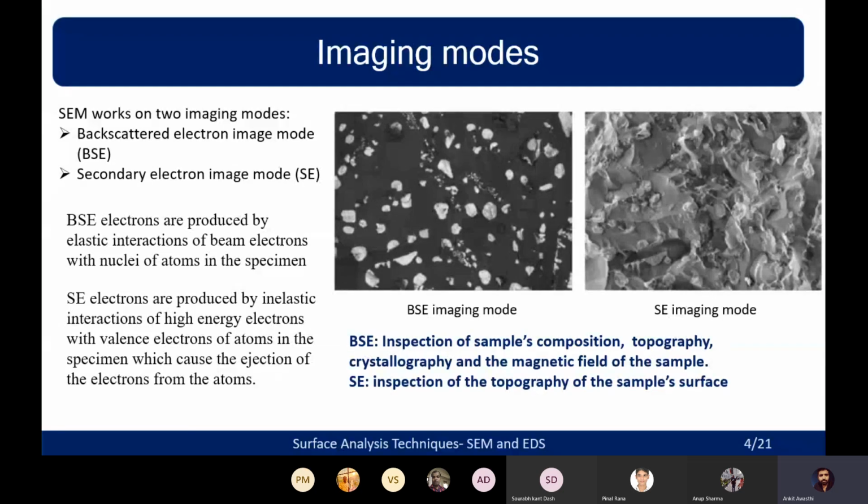If you are only analyzing the surface of the sample, then it's always good to go with the secondary electron imaging mode, and generally people go with this only. But if you have a differentiation in the composition of the material throughout the surface, then it's better to go with the backscatter electron mode, so that you will be able to differentiate. Okay, here it is something different. Here some different material is present.